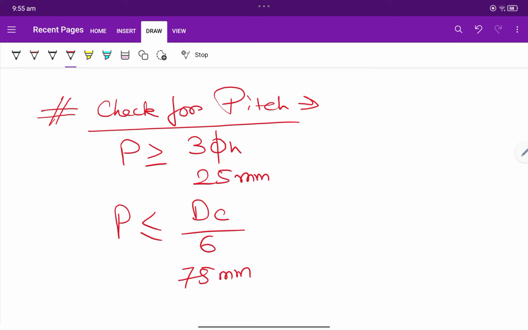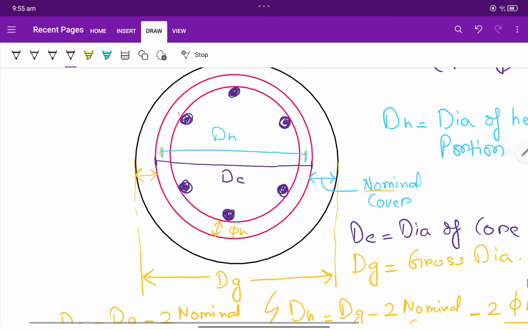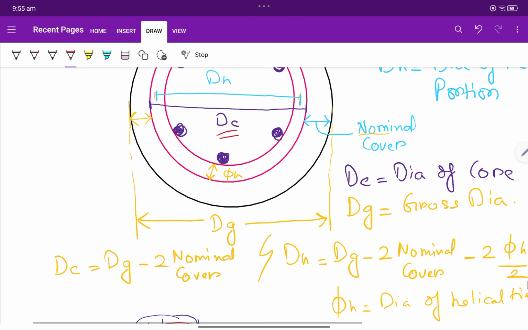What is dc? dc is the dia of the core. We have seen how we get this dc. So this is the design step. In our next lecture we will do a numerical based on this. Thank you.